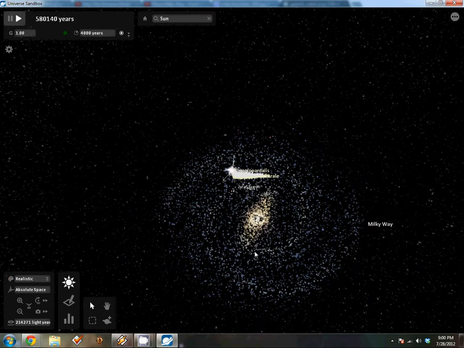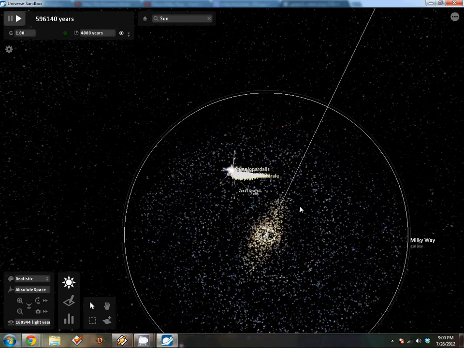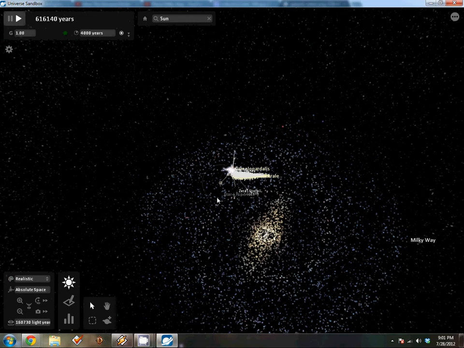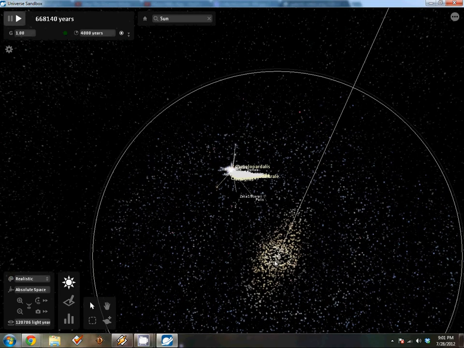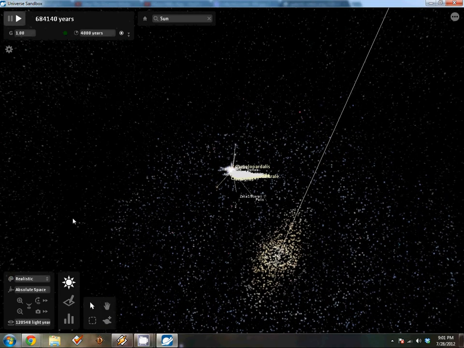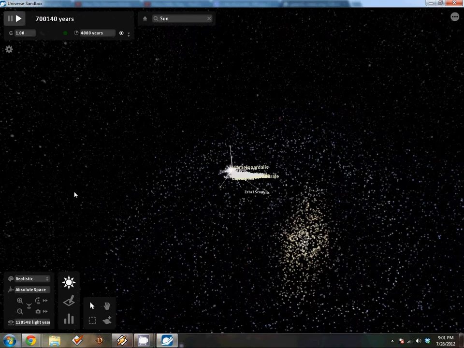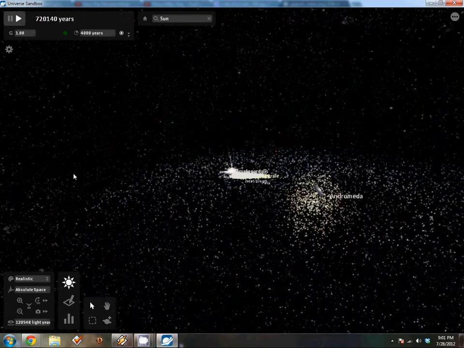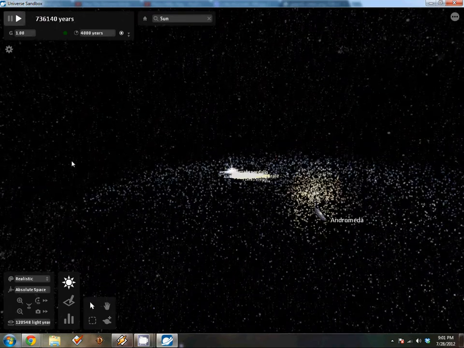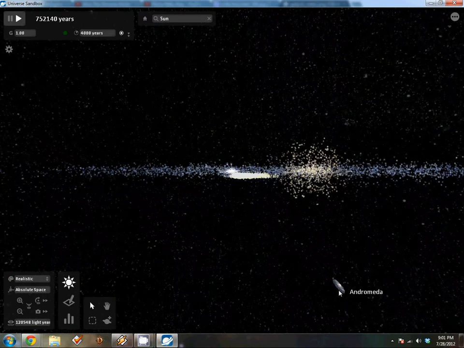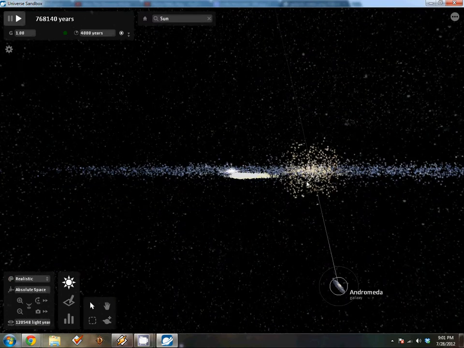And we can see the stars are rotating slowly. 4,000 years is when you're dealing with this scale. But you can see that in the galactic bulge, they're actually moving quite a bit faster. And then we have our neighbor Andromeda right over here too.